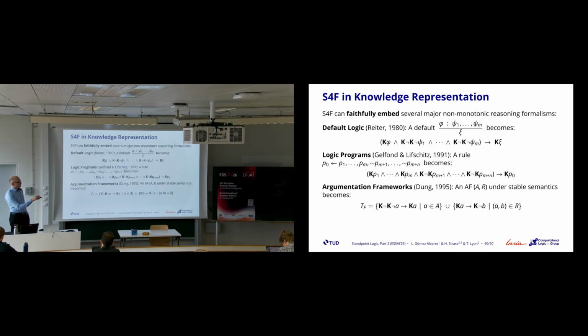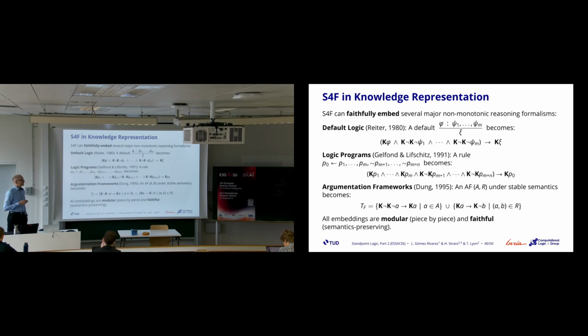And then the second component of these AFs are so-called attacks, where a containment of a pair in this relation says that A attacks B. And here you can simply say, if you know A, so if you have accepted A, then you know not B, right? So then you must reject B. So that's the idea.